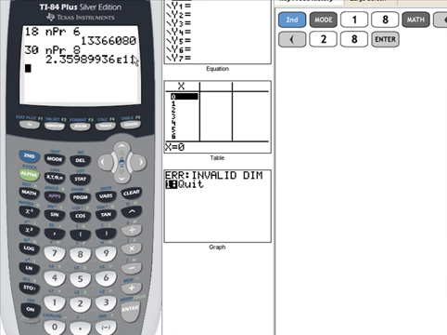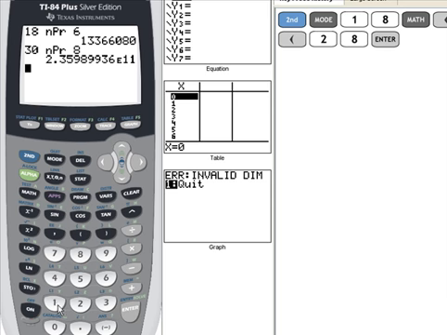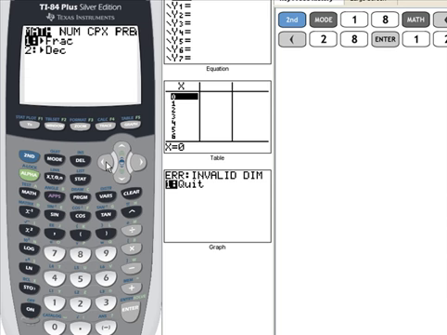Alright, combinations of 12 taken 5 at a time. We're going to enter the 12. We're going to go to math, probability. Combinations is number 3. Taken, how many at a time? I've forgotten already. 5. Okay, taken 5 at a time, and we enter, we get 792.